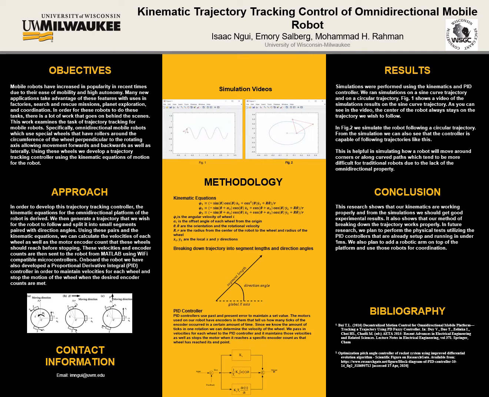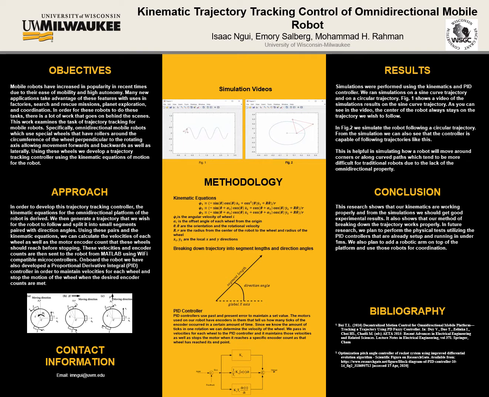So in our methodology section, we have the kinematic equations. They're kind of long, weird equations, but basically the phi dots are the angular velocities. So if you were to spin a wheel, that'd be the velocity of that wheel, the angular velocity, sorry.